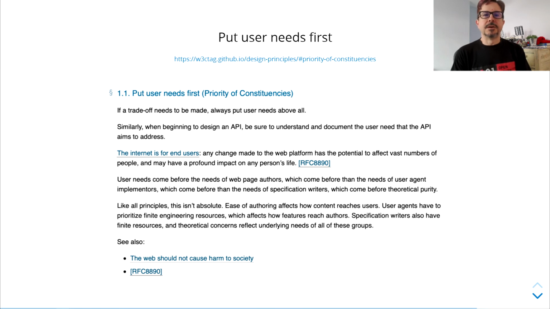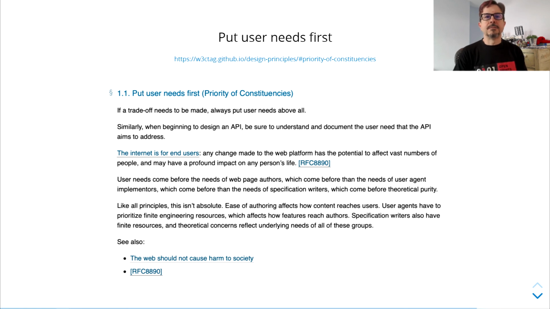So this has also been called the priority of constituents, and just to summarize, put user needs before the needs of implementers, before the needs of developers, before the needs of user agent developers, and before the needs of spec writers, which again come before the needs of theoretical purists. So we think that's pretty important, and it informs the rest of the document as well.